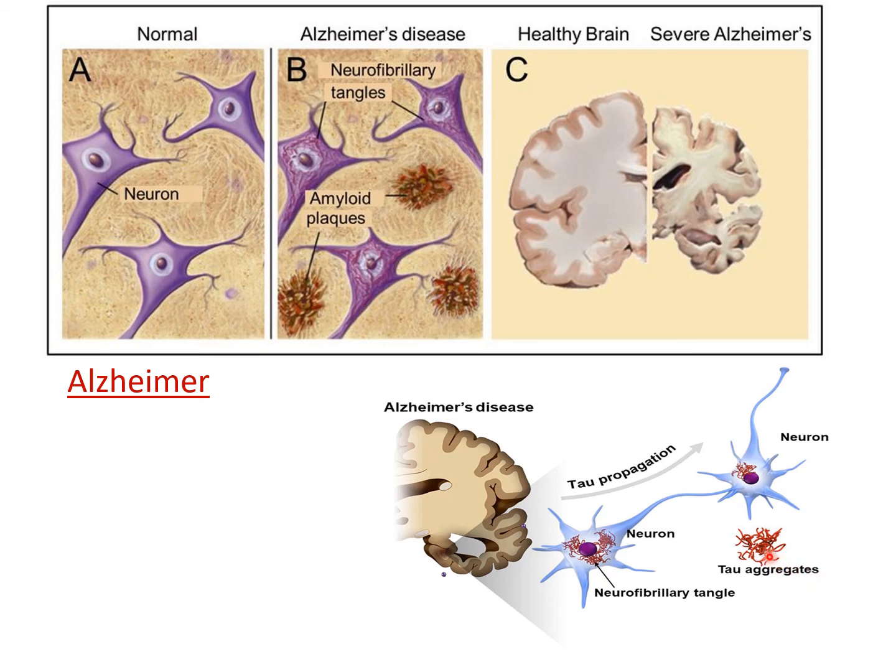This is a representation of tau aggregates, how the tau proteins aggregate and form the plaques in the brain, and this tau propagation is representing the Alzheimer's brain.